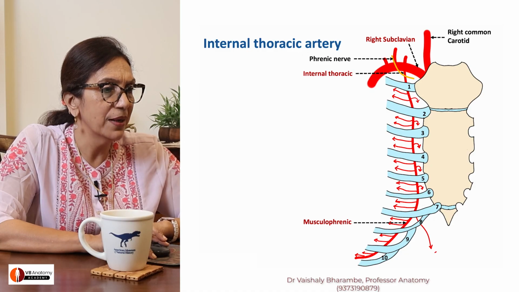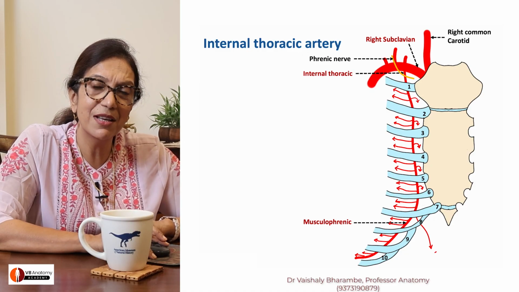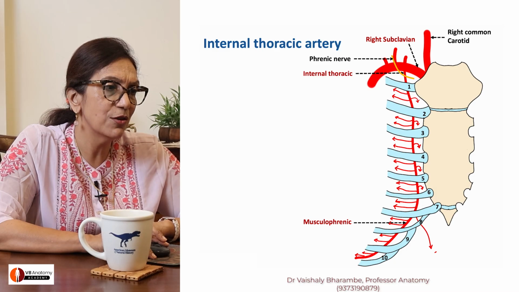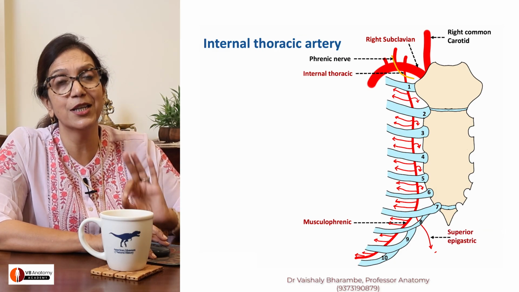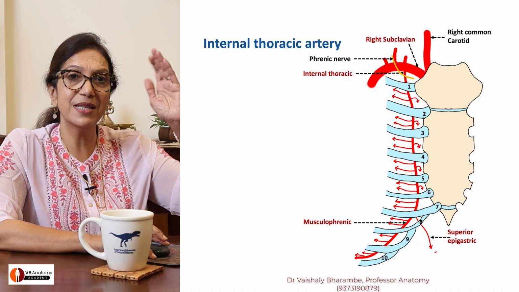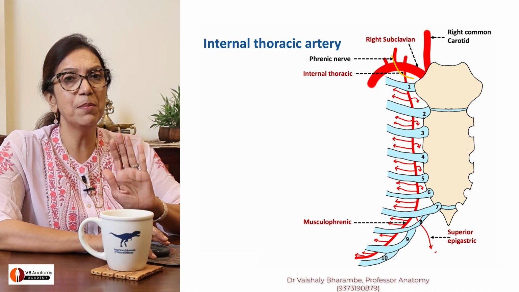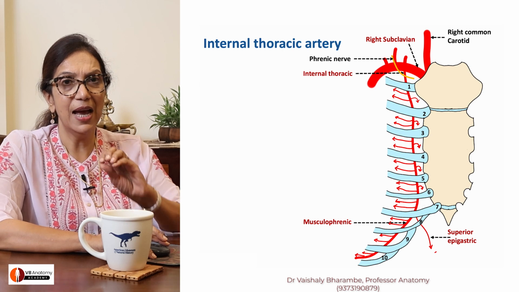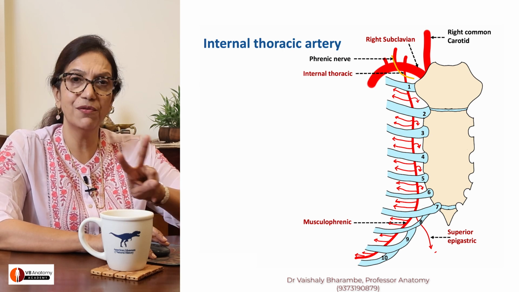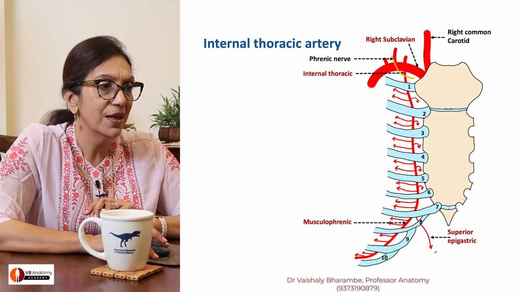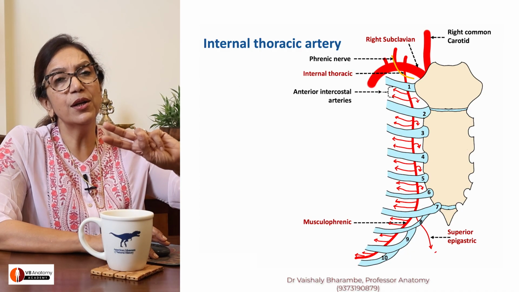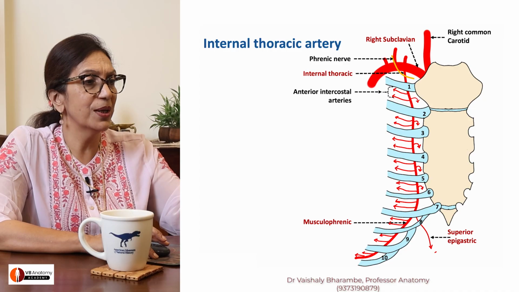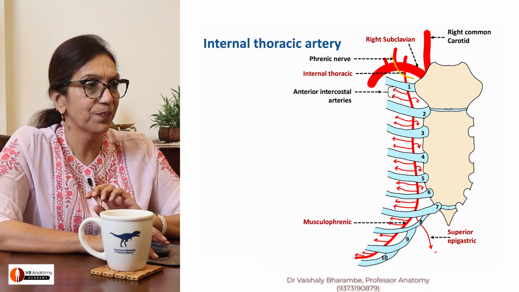In the lower part, at the level of around 7th rib, it divides into musculophrenic and superior epigastric terminal branches. So for 6 spaces, it is just lying behind the intercostal spaces, and below that it divides into musculophrenic and superior epigastric. In this course, it gives rise to 2 intercostal arteries per space. You can see them, one above, one below.